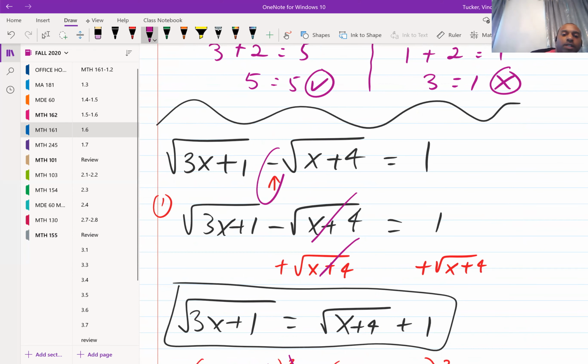Since this one has a minus sign in front of it, we add the square root of x plus 4 to both sides of the equation to get rid of the subtraction. The result is what's in the box: the square root of 3x plus 1 equal to the square root of x plus 4, plus 1.